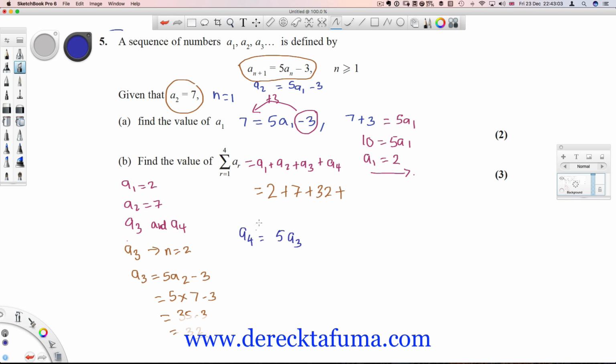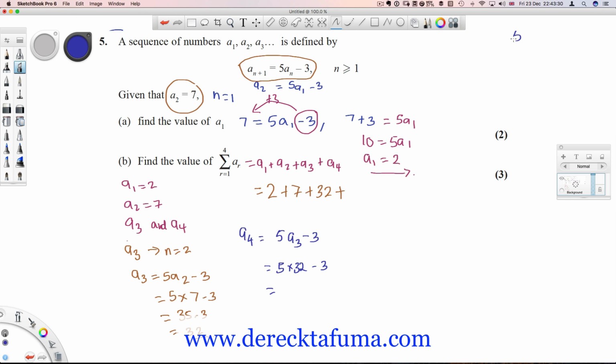Since to get a4 we need to make that n a 3, so 3 add 1 is 4, which means if that n is a 3, this n is also a 3. So that's going to be 5a3 take away 3. Okay, and we've calculated a3 is 32, so it's 5 times 32 take away 3.